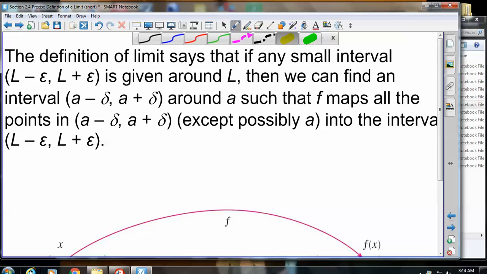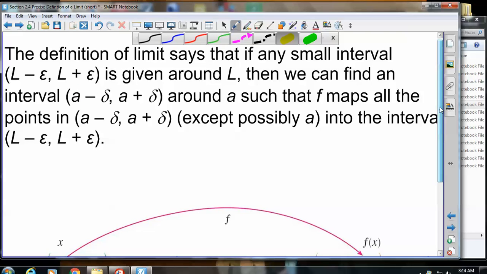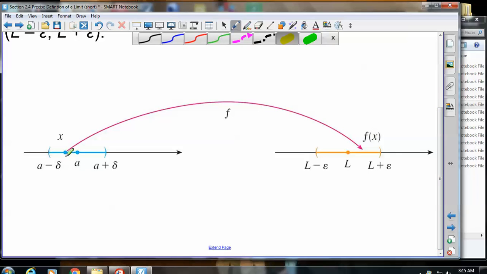If you have a window for your y values, then you can find a window for your x's so that all of the x values in that window fall in the acceptable y values. So basically you have to find this window for my x's so that anything I pick in here will give me an answer that falls in this range over here. It's finding out what x's would be acceptable.